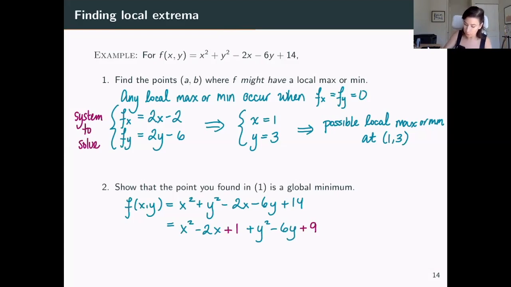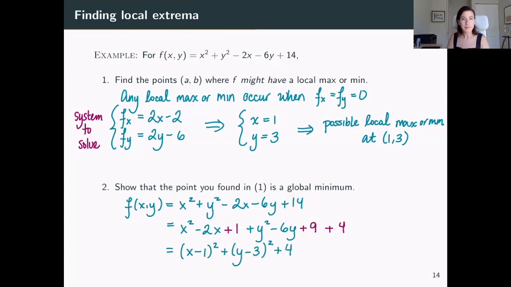We have 14 to play around with. So far I have 10, so I need an extra 4 at the end of my expression. And this way I can rewrite as (x minus 1) squared plus (y minus 3) squared plus 4.